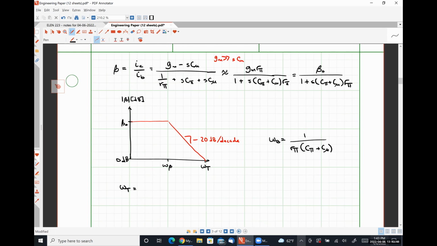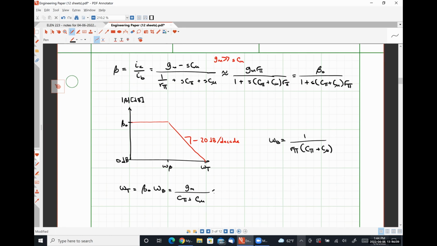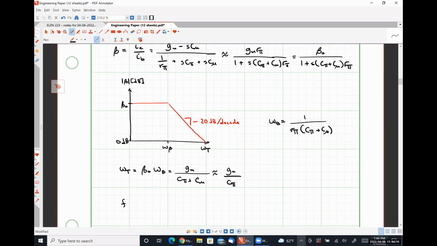Omega t, beta naught times omega b, is our transconductance GM over C pi plus C mu, which is approximately equal to GM over C pi, and FT is then GM divided by 2 pi times C pi plus C mu, or approximately GM over 2 pi C pi.